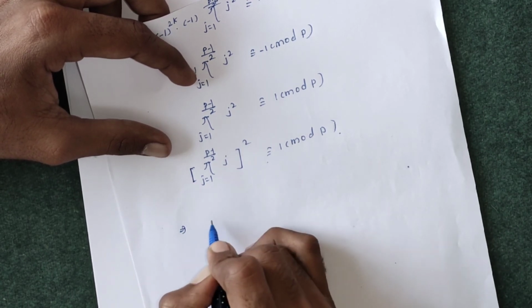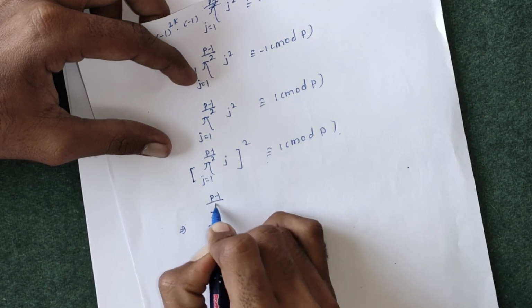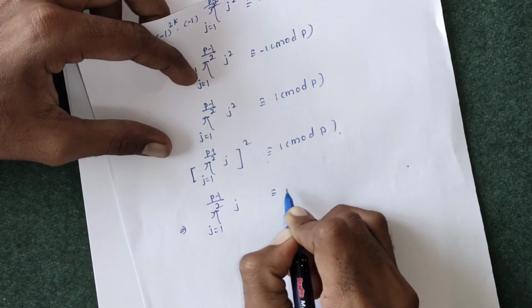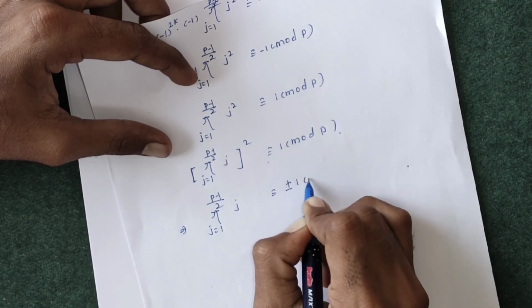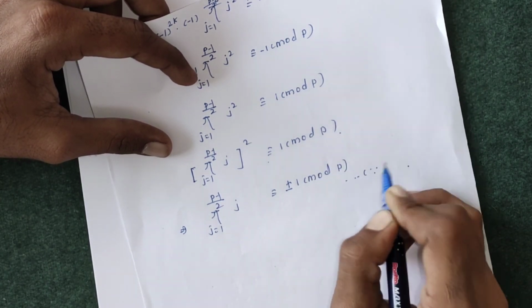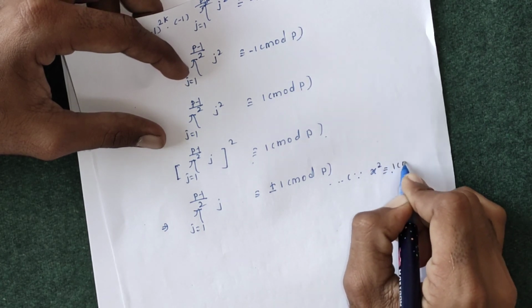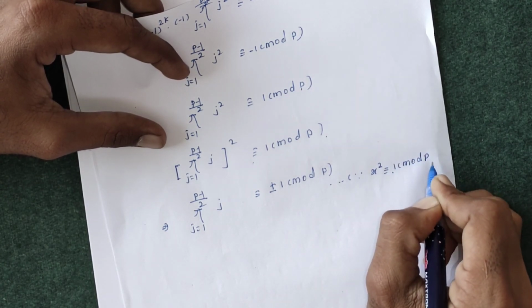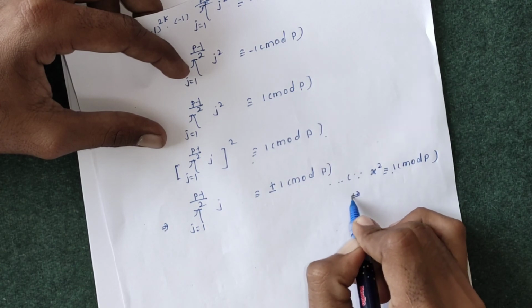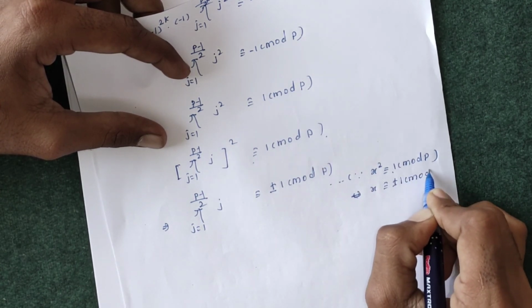This gives us this product, j running from 1 to (p-1)/2 of j, is congruent to plus or minus 1 under modulo p. This is since x² is congruent to 1 mod p if and only if x is congruent to plus or minus 1 mod p.